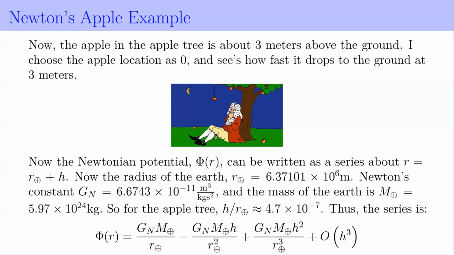Taking that and the mass of the Earth at roughly 6 times 10 to the 24th kilograms, you can do a series for the potential in terms of the additional distance h.